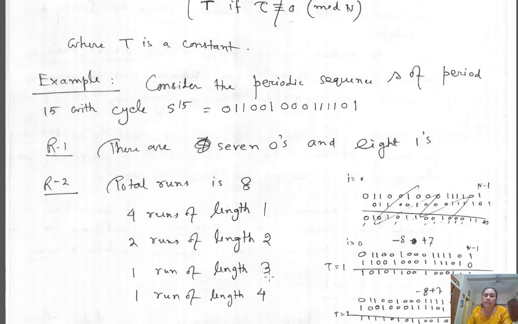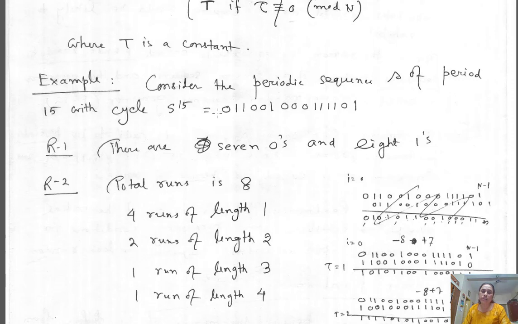Length 3. So consecutive 3 values here. This is 4, no, this is 3. So 1 run of length 3. Length 4. Only this one. 1 run of length 4. So if your period is, in total how many runs?